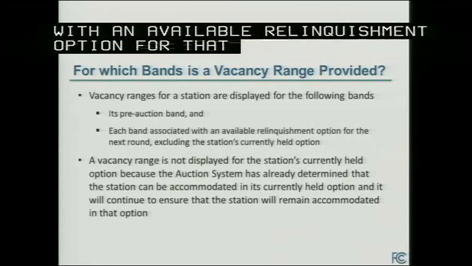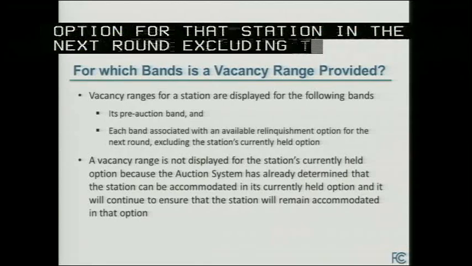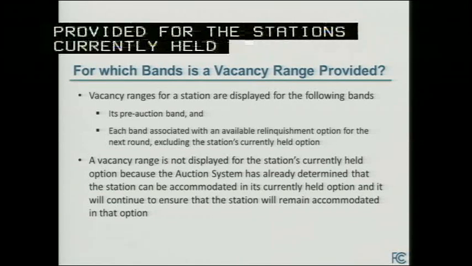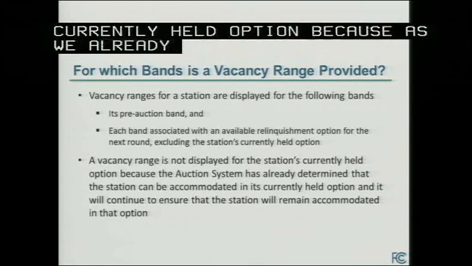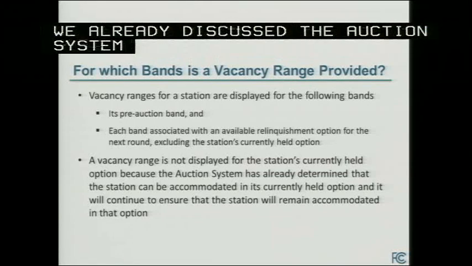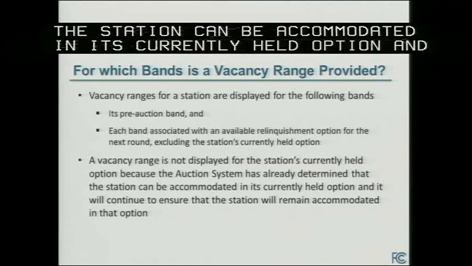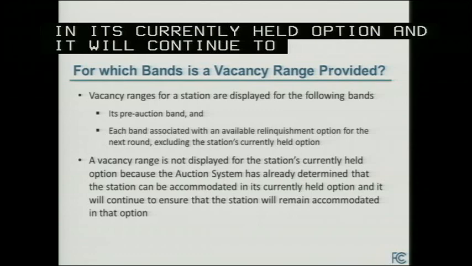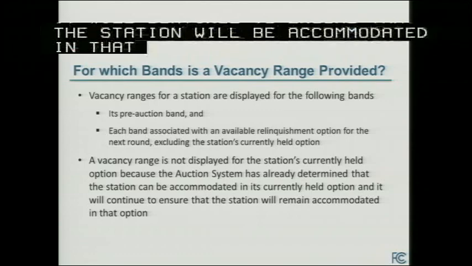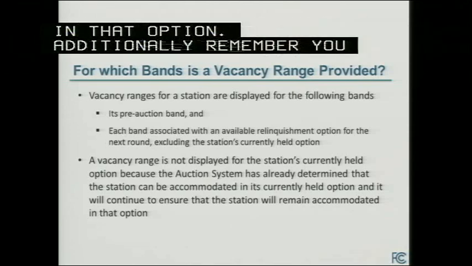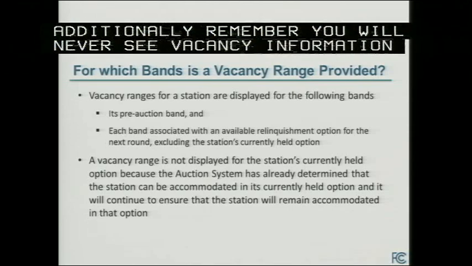A vacancy range is not provided for the station's currently held option because, as we already discussed, the auction system has already determined that the station can be accommodated in its currently held option, and it will continue to ensure that the station will be accommodated in that option. And additionally, remember, you will never see vacancy information for go off air because there is no vacancy. It has unlimited capacity.